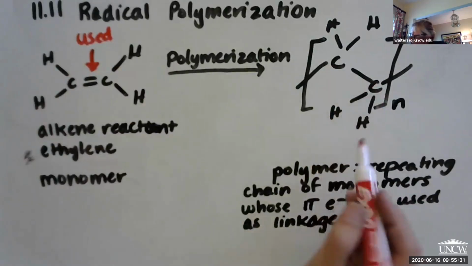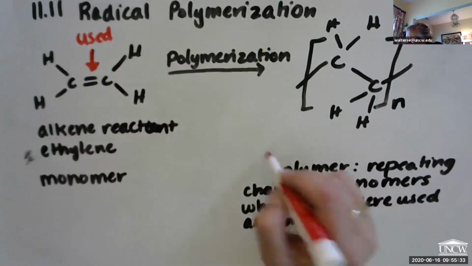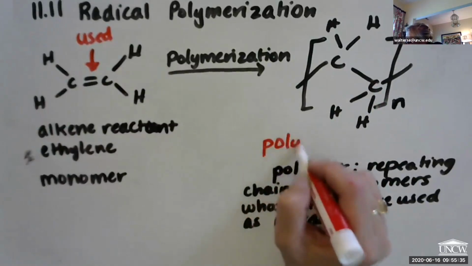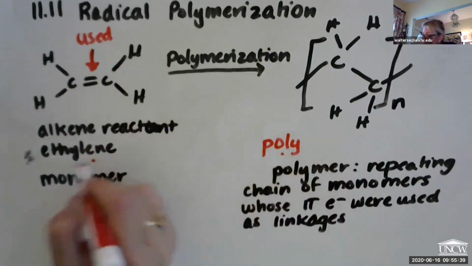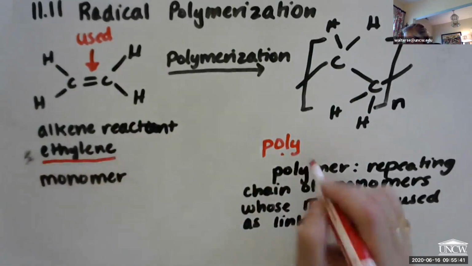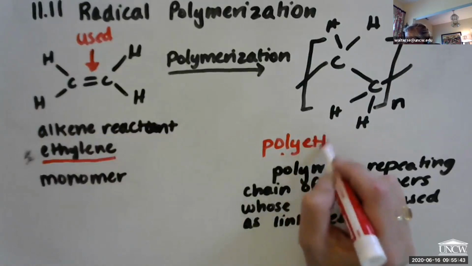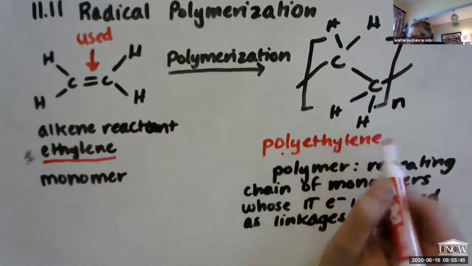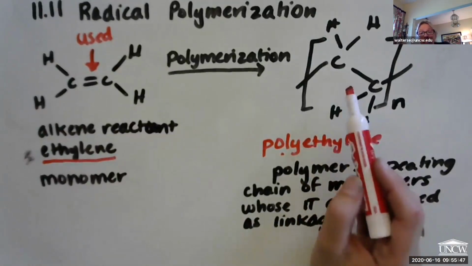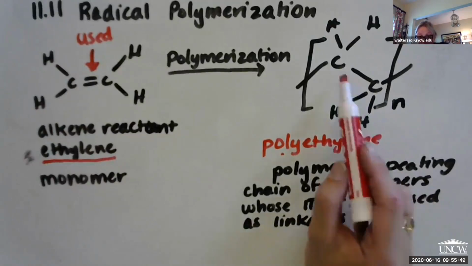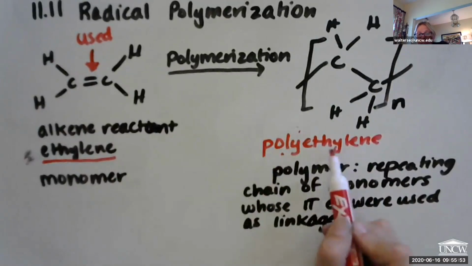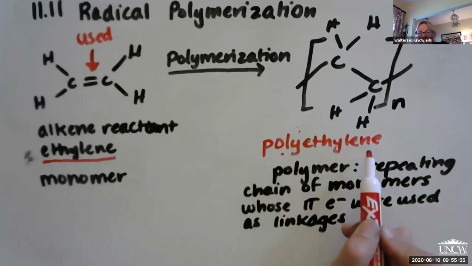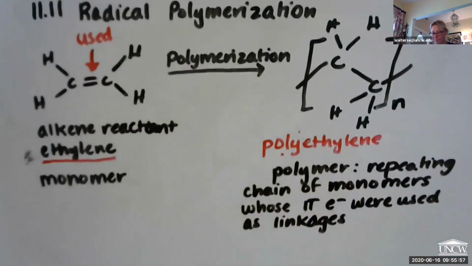When you name this, you call it poly, because it means many, and then you use the actual name of the monomer: polyethylene. Even though there isn't an ethylene molecule in the polymer anymore, because you don't have the pi bond, you just say you have many ethylenes that were linked together to make a polymer.